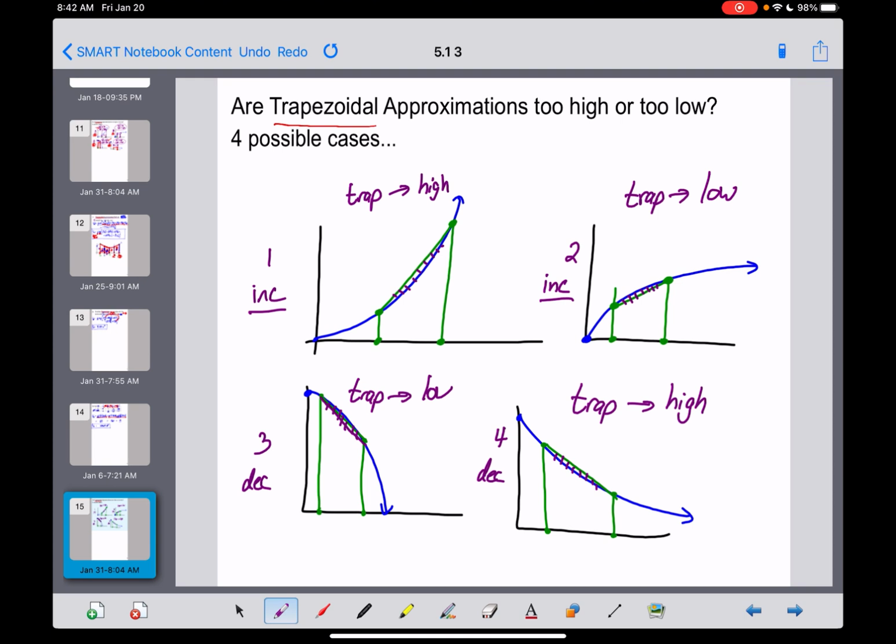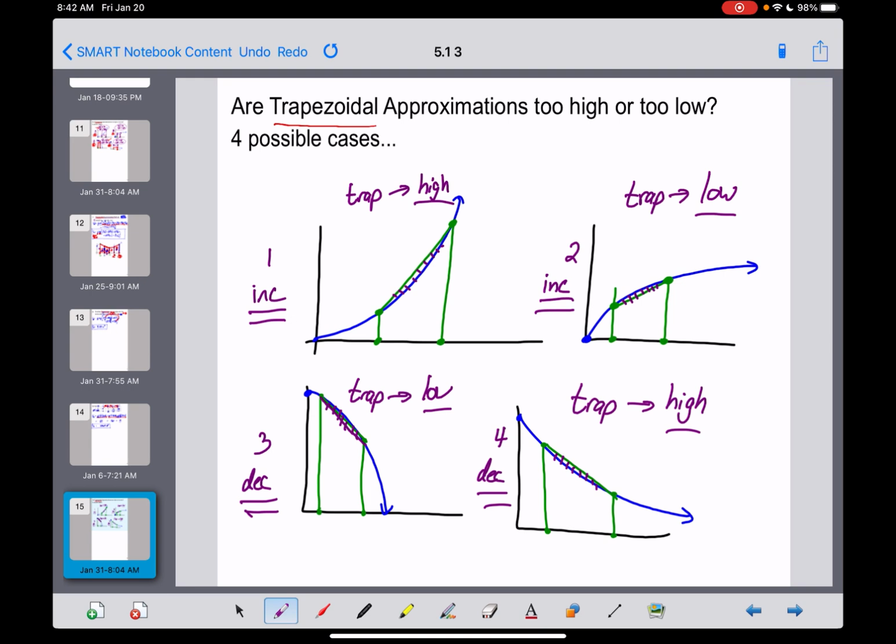Now, our friends in the science wing would tell us that right now, we have an inconclusive test right here. The behavior of the function, whether it is increasing or decreasing, does not directly predict whether your approximation is going to be too high or too low. So maybe there's another factor at work right here.